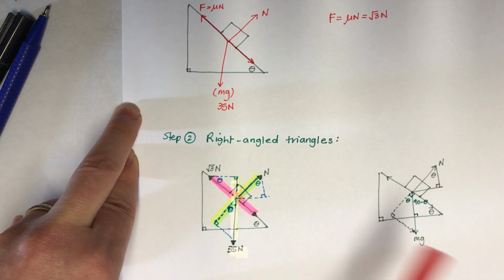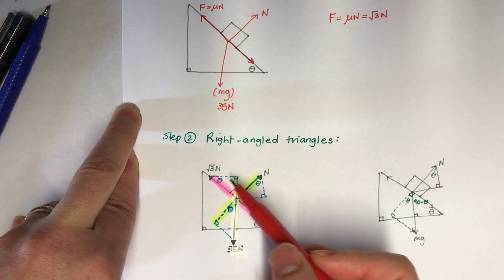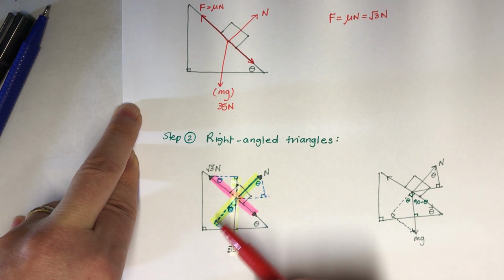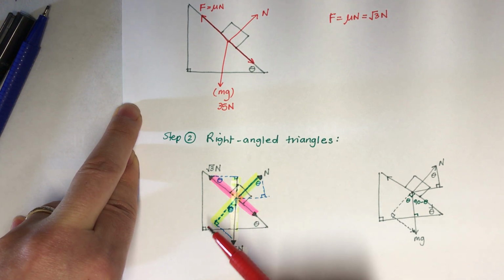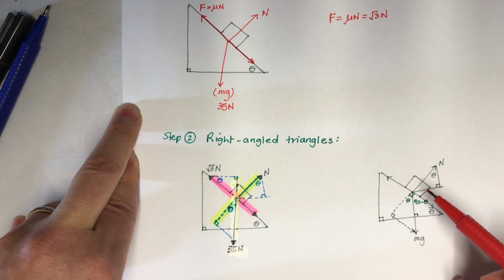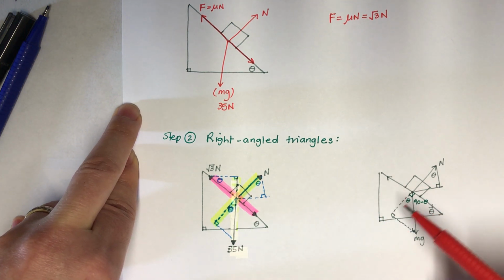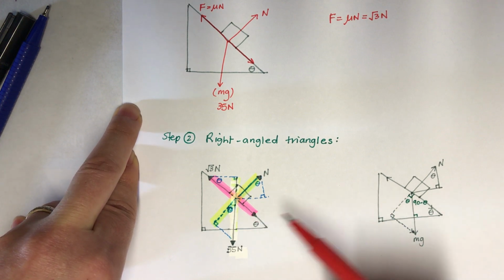Okay, so this triangle we haven't really talked about, because we talked about this one and this one, but now we do need this as well, because that's my horizontal force, that's my vertical force, because it's a right angle. So that means I'll put that in there, where I know that's the theta, same as this.